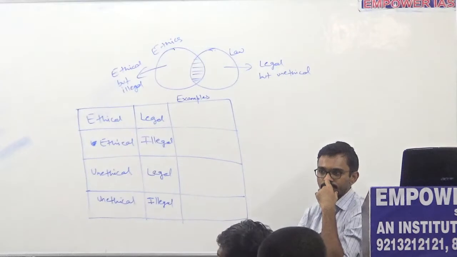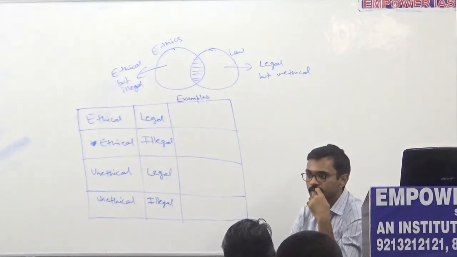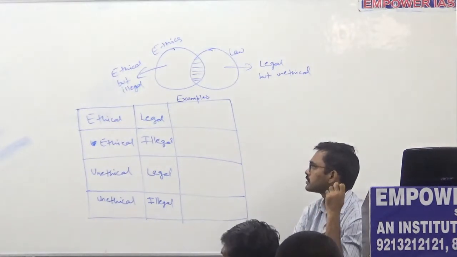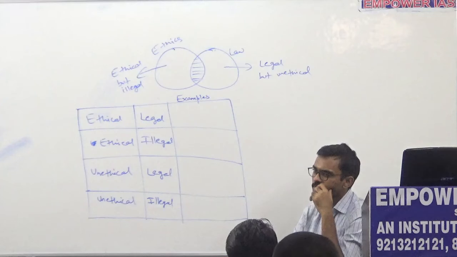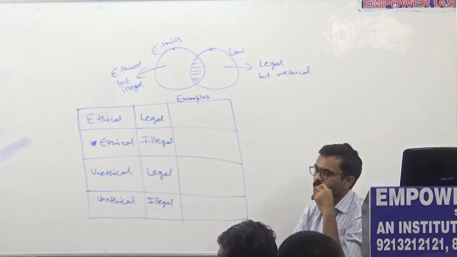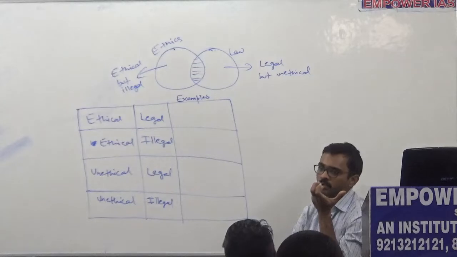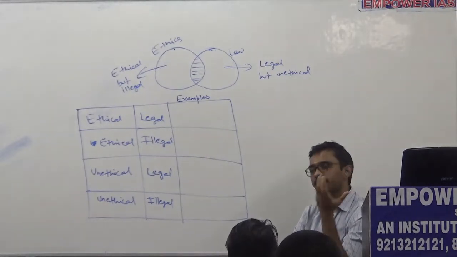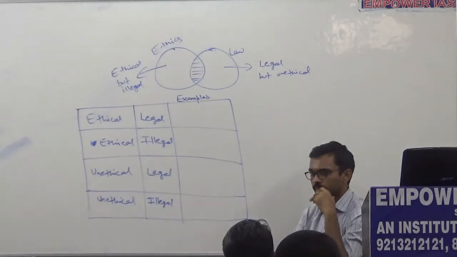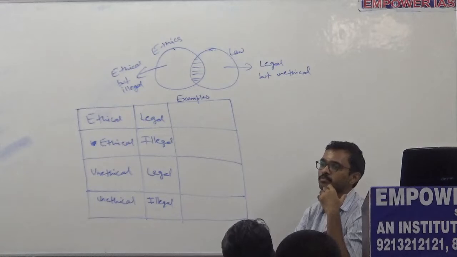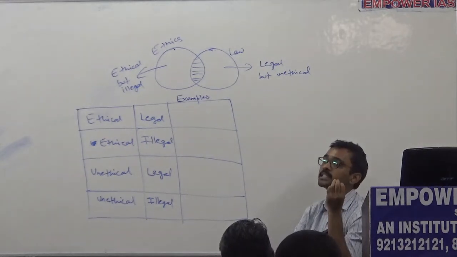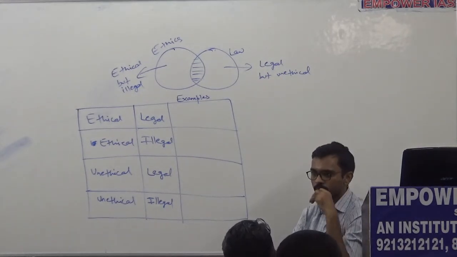So can RTI be indicted? Why? It's legal, but it is used in an unethical way to harass someone. See, again, you have to analyze the net effect of an act. Every law is subject to misuse. But the question is whether the misuse is an exception or the norm.